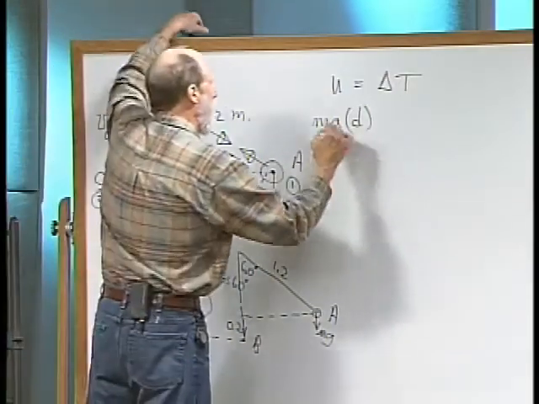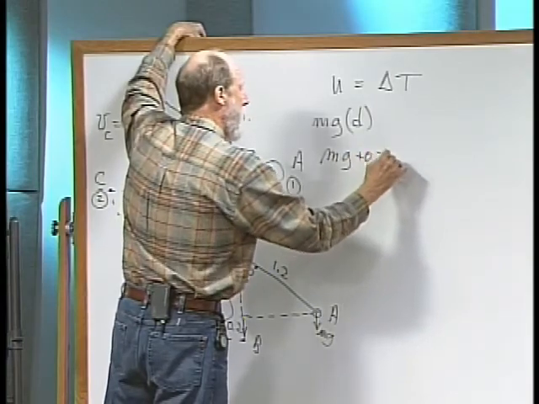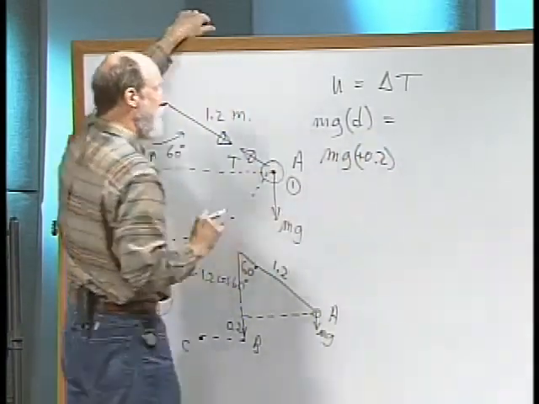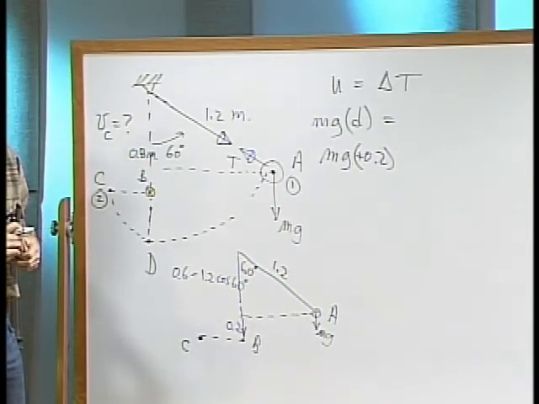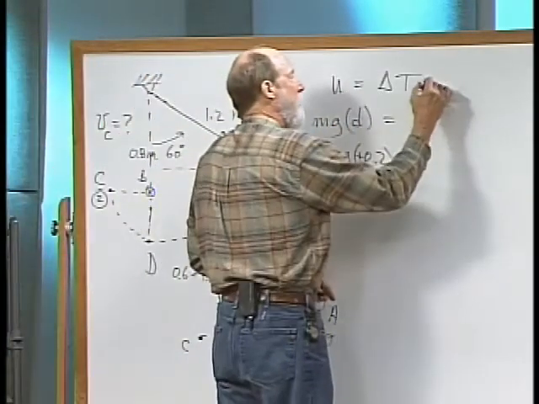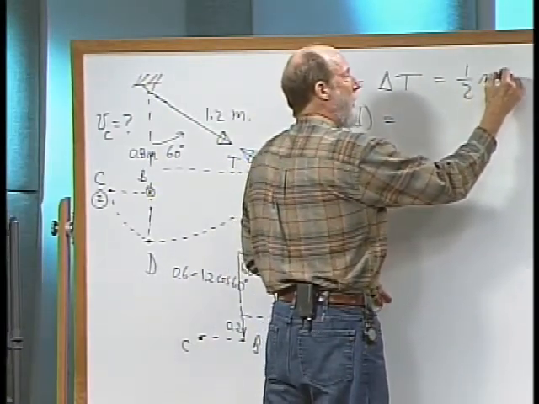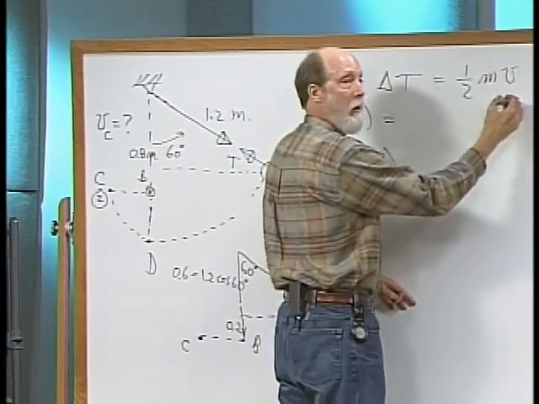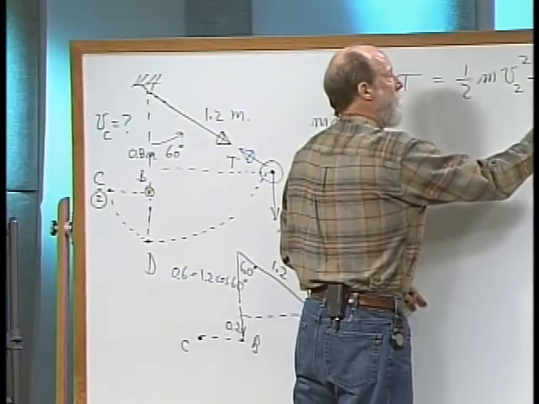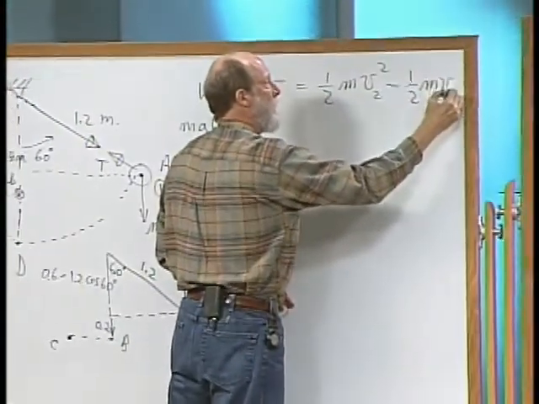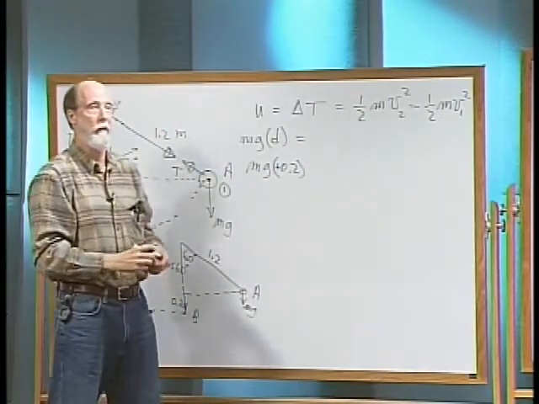Okay. So what we have here then is mg times positive 0.2. That's equal to the change in kinetic energy. The change in kinetic energy is equal to 1/2 the mass of the particle times the speed it has at location 2 minus the energy of its motion, 1/2 mv squared at position 1, the speed it's carrying at position 1.